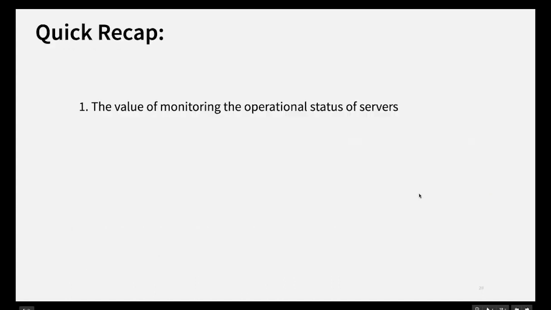and let's walk through the quick recap of this webinar that we have been discussing today. In the first part, we saw the value of monitoring the operational status of servers and virtual machines, that is the different metrics that we need to focus on and the parameters that the product collects and displays, which can be useful when we are implementing a server monitoring plan.